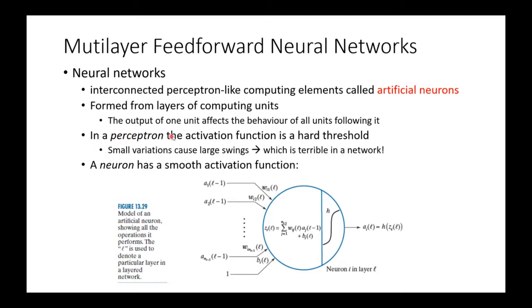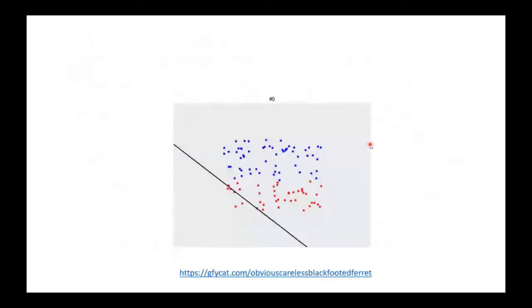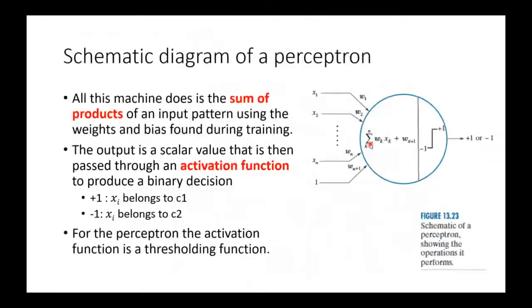The difference with respect to the perceptron is that in a perceptron, the activation function is a hard threshold. So it's either 1 or 0. Remember that? That's it. Either 1 or -1. So it's a hard threshold here. The problem with that is a small variation.